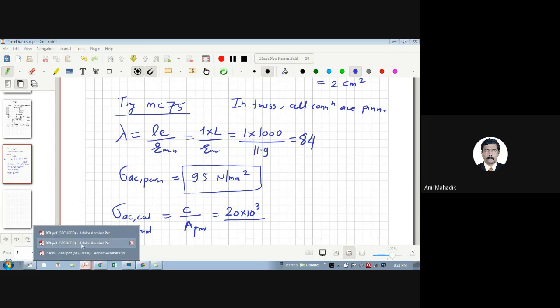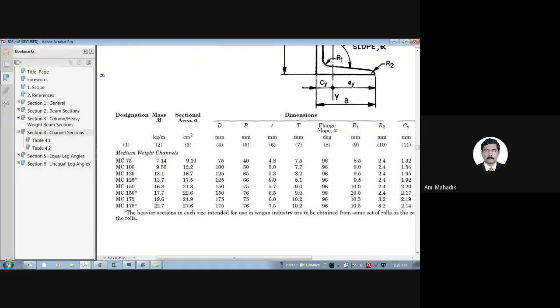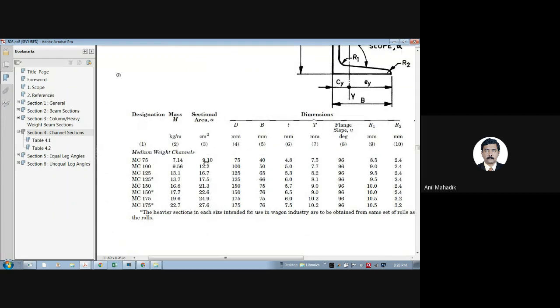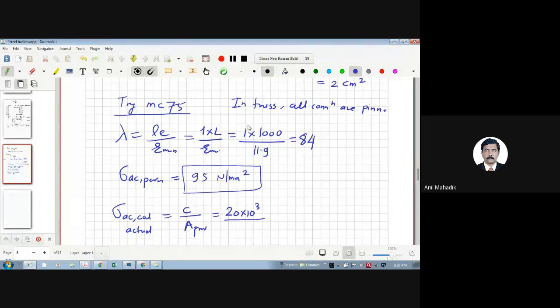So let's go into the table, and the area for MC75 is 9.1 cm square. So here area is 9.1 cm square. That means 910 mm square, na? Yes, sir. So 910. कितना आएगा stress?